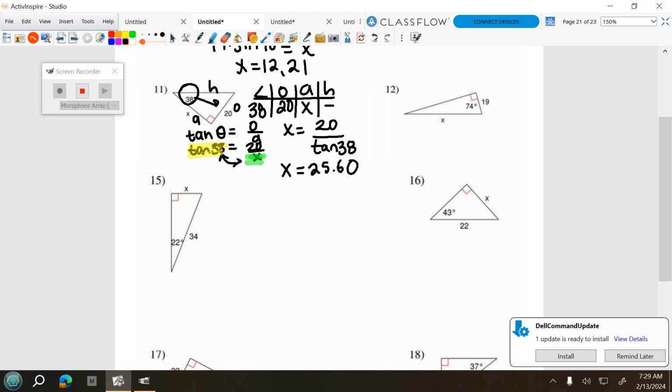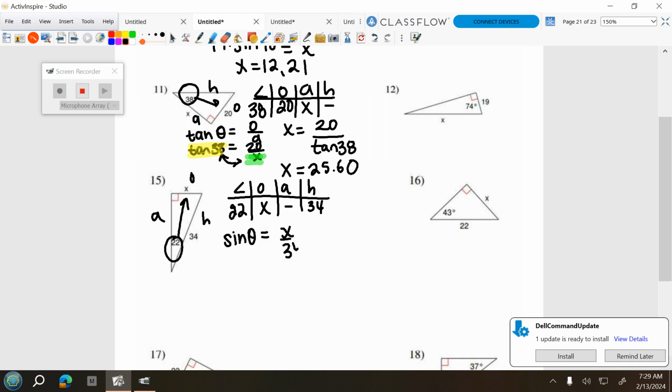Over here, circle the angle. Opposite, hypotenuse, adjacent. We have O and H, so we got sine theta equals x over 34.